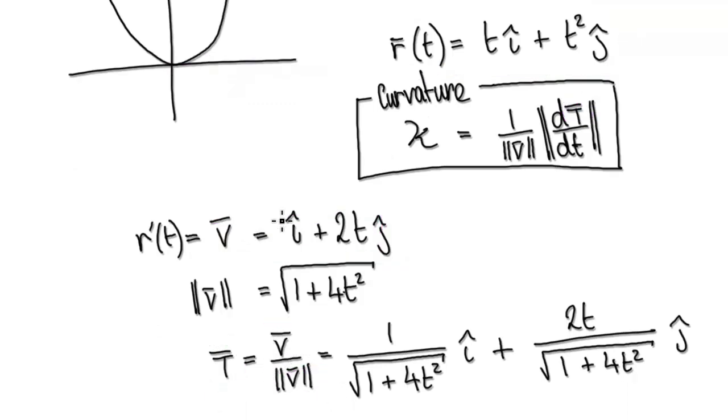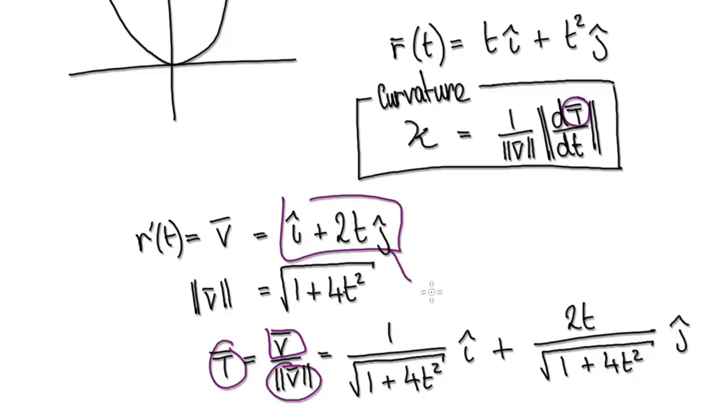Well, we've got its velocity vector here. We need to divide it by the magnitude of this thing here. Well, the magnitude of this thing here would be, using Pythagoras, 1 squared is 1, this squared is this, and then square root it. That will then give you your magnitude. So to get your unit tangent, we need to get the velocity divided by its magnitude.